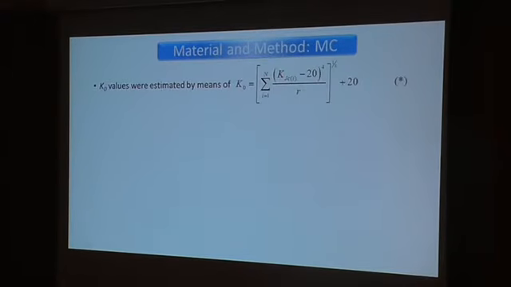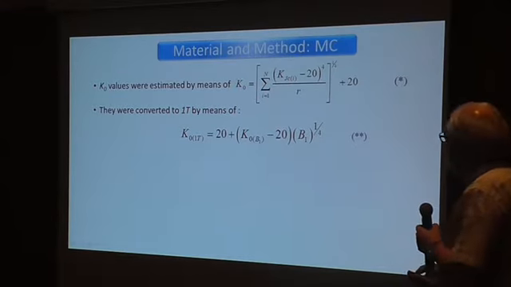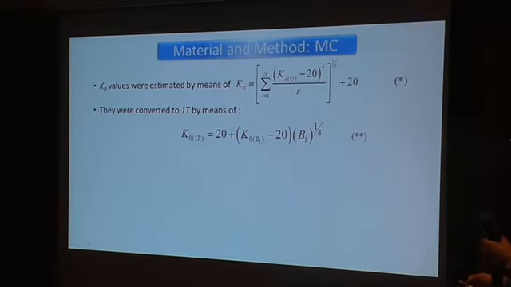For the MC method, we used values of K0 estimated according to the standard, following that equation, for every size. The K0 values were converted to 1T equivalent according to the following equation that is in the standard.